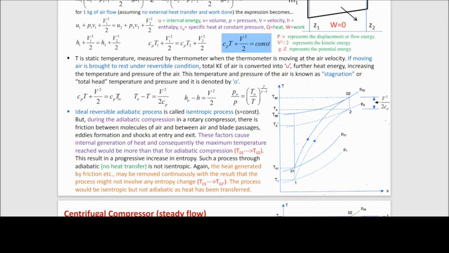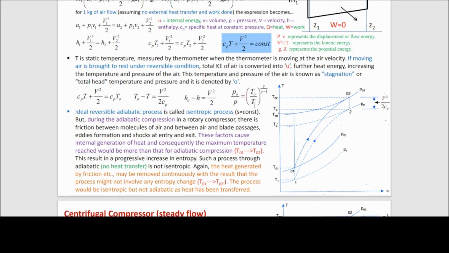If you take it to the left hand side, T0 minus T is equal to V square by 2Cp. Now CpT is H, as this is T0, this is H0 minus H, that is equal to V square by 2.